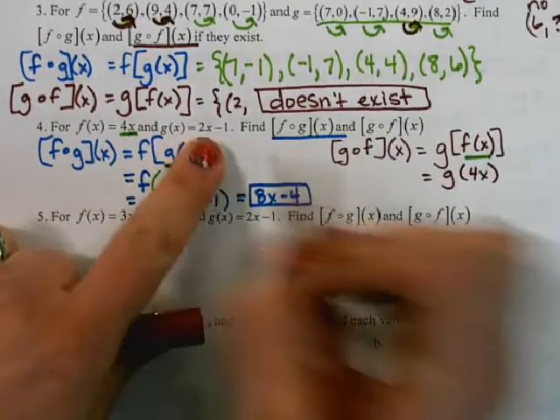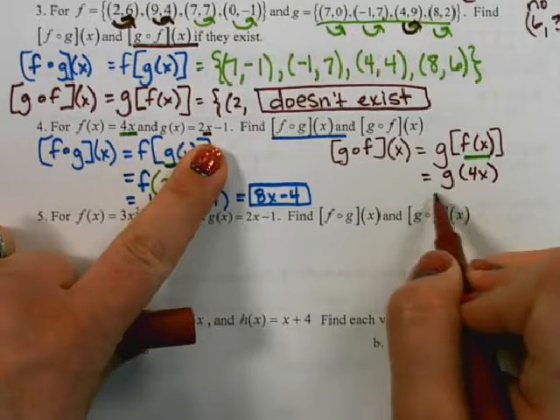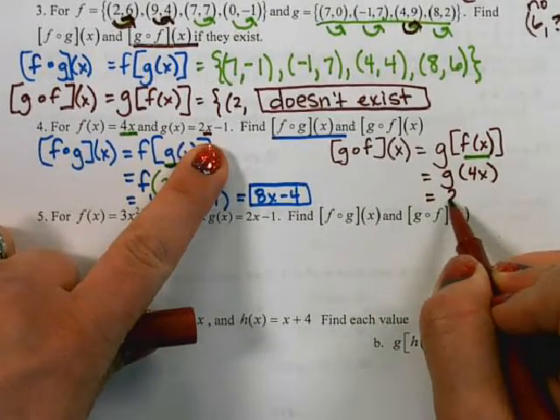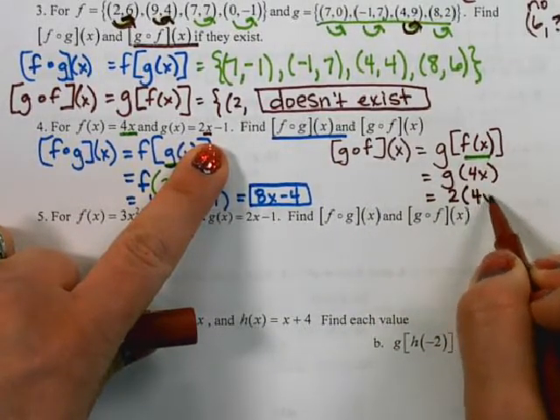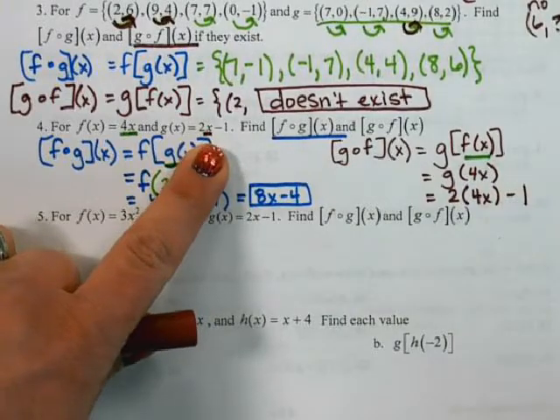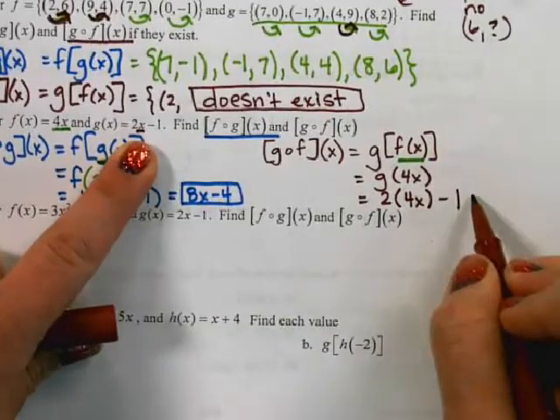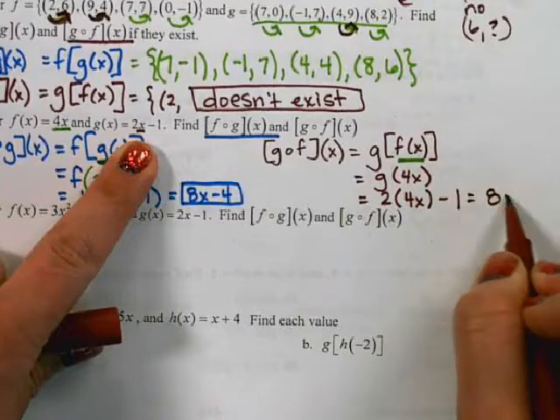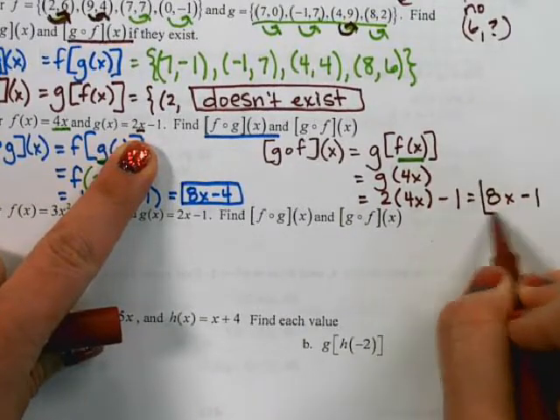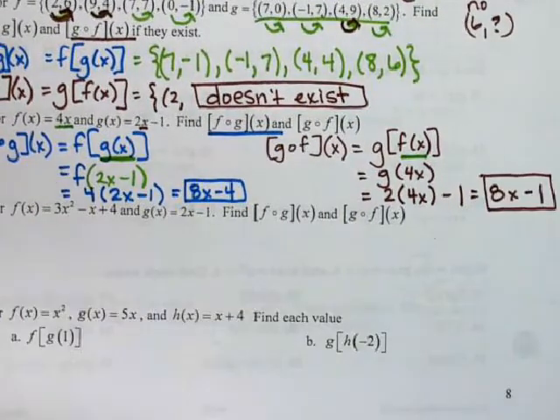Everywhere there's an x in my g function, I'm going to replace it with a 4x. So this one is different. It's 8x minus 1. You should end up with two distinct things when you do both functions. F of g of x should look different than g of f of x.